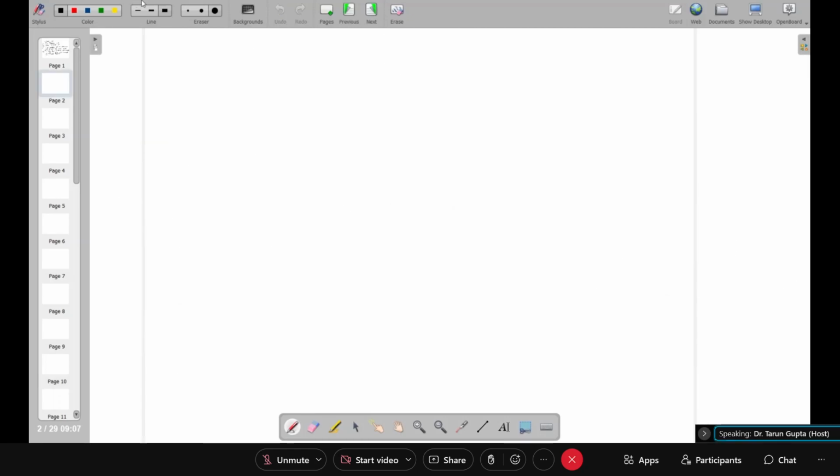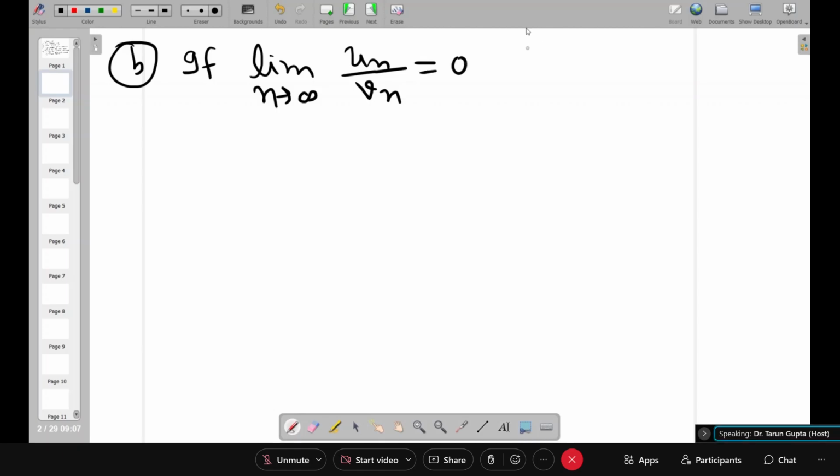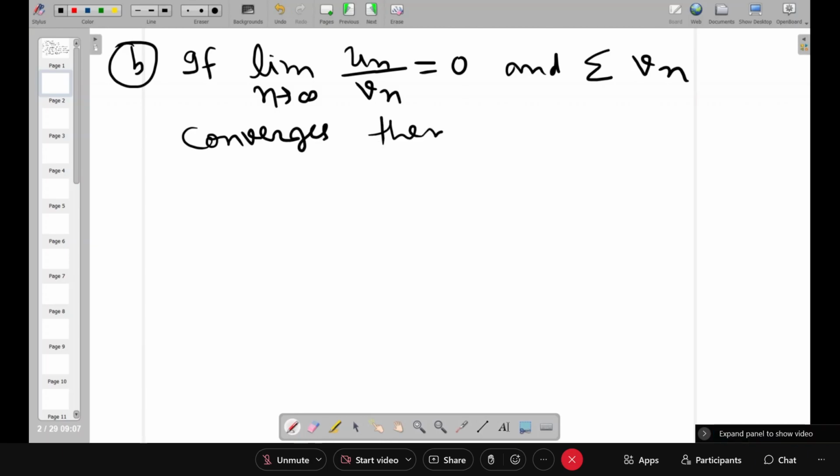Now second part is, if limit n tending to infinity un upon vn is equal to 0 and summation vn converges, then summation un also converges.